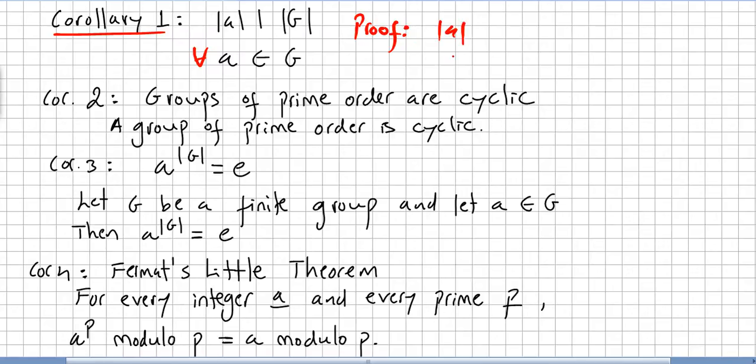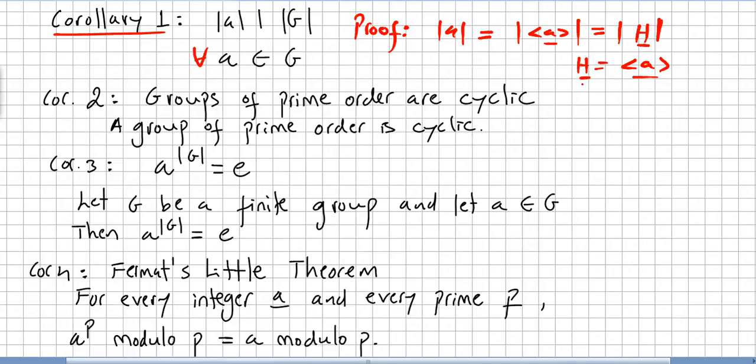Do not forget that the order of an element is the order of the subgroup. So the subgroup generated by that element, so the order of A will be equal to the order of the subgroup generated by A. Let's call H the subgroup generated by A. So this is the Lagrange theorem, right?